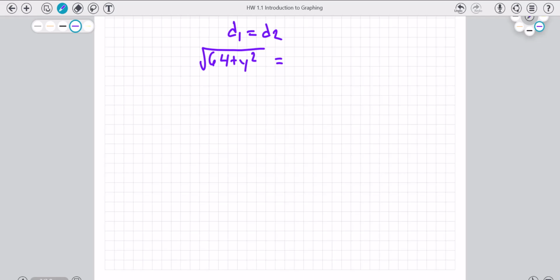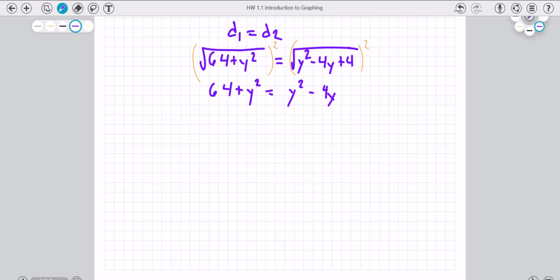These have to be equal to the square root of y squared minus 4y plus 4. And this is something that I can solve. I know it might look a little crazy, but ain't no big deal, because if you square both sides, remember what happens, the square root, like magic, vanishes. And so I have y squared minus 4y plus 4.